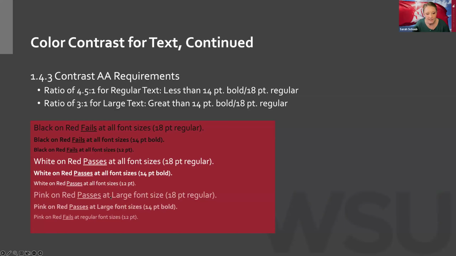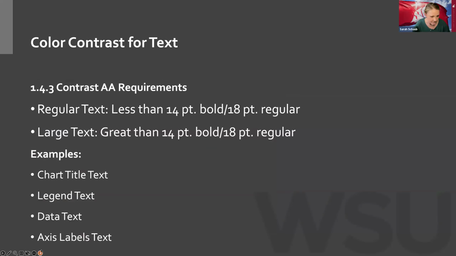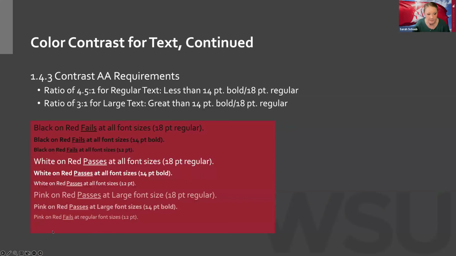And pink on red passes at large font size of 18-point font regular, and it also passes at the large font sizes of 14-point bold, but it fails on the pink and red. And I'll show you how this color contrast analyzer tool works here in a little bit and how you can easily check that for these different font sizes.